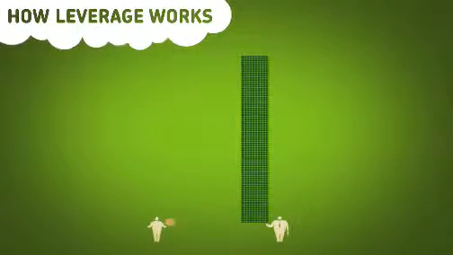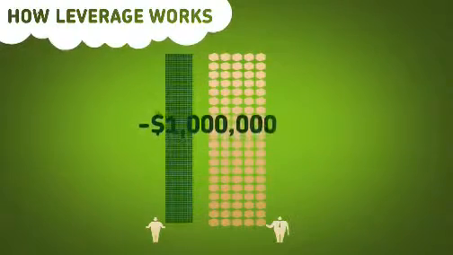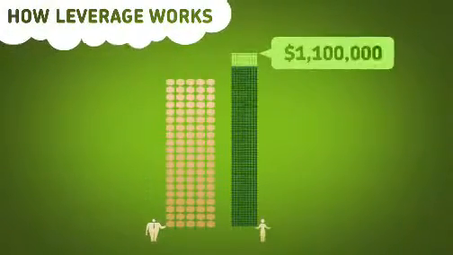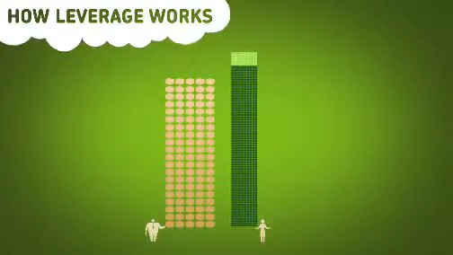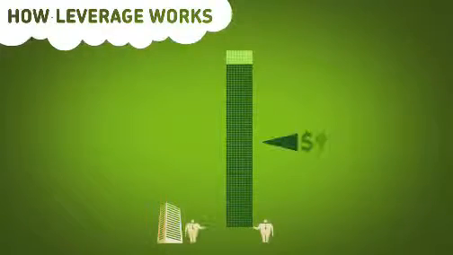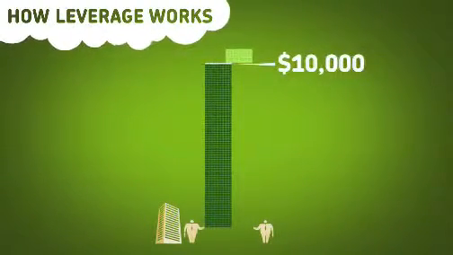Then he goes and buys 100 boxes with his $1 million and sells them to someone else for $1,100,000. Then he pays back his $990,000 plus $10,000 in interest.